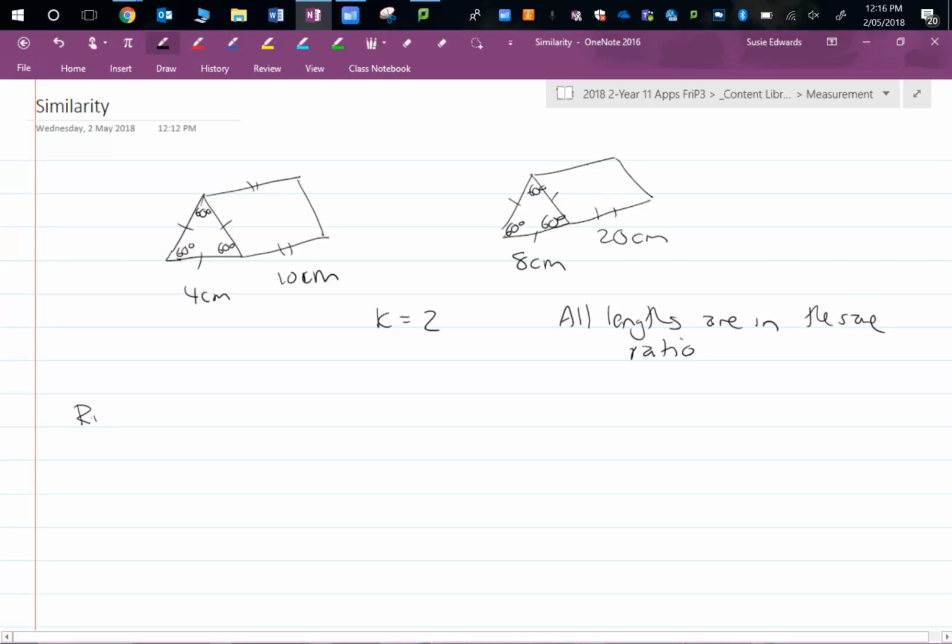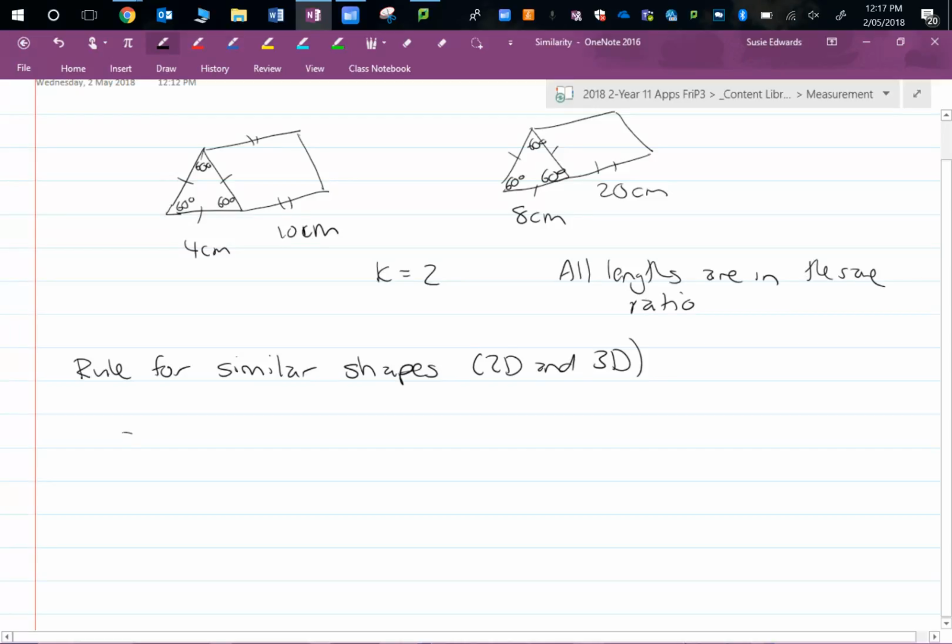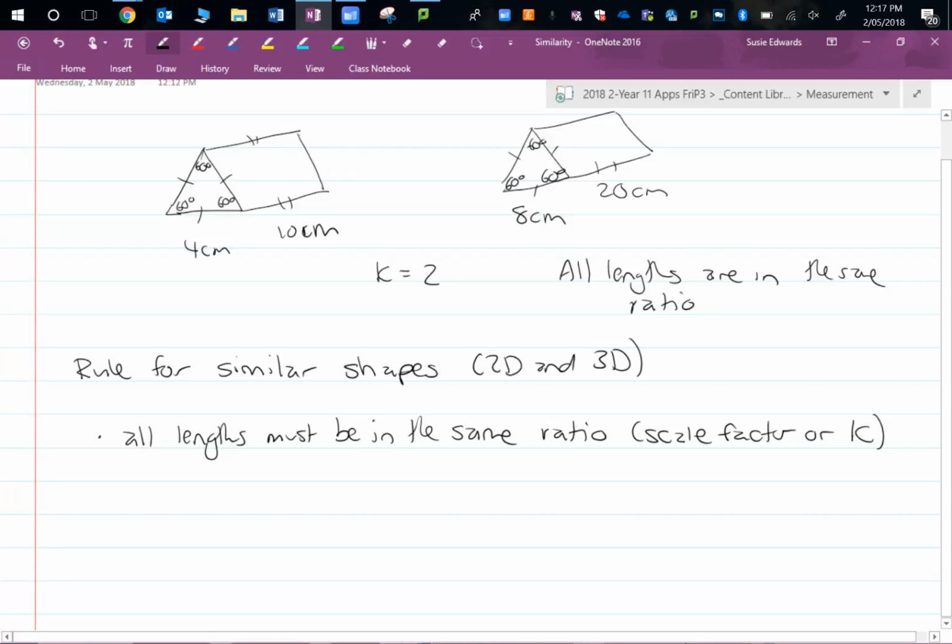Okay, this brings us to a rule for similar shapes. This goes for both 2D and 3D. If two shapes are similar, all lengths must be in the same ratio. That's what we call our scale factor, or K. Okay, ratio, scale factor, K all mean the same thing.